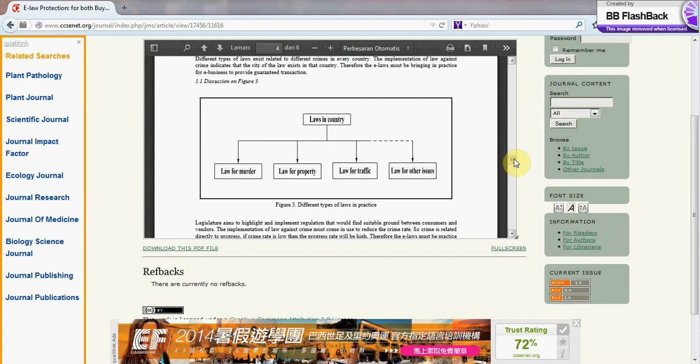This is the different types of law in practice. Laws in a country are divided into four types: law for murder, law for property, law for traffic, and law for other issues.